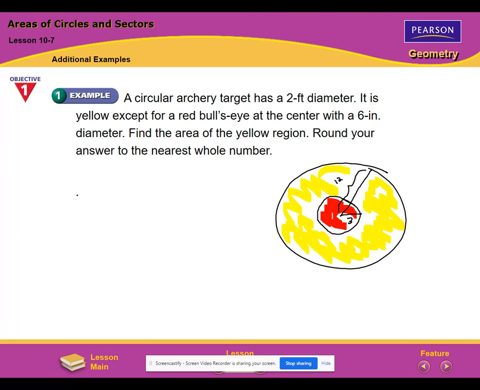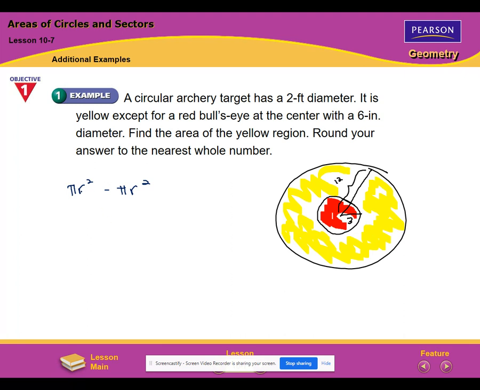I like to do this type of thing in one calculation, and I like to encourage you to do the same. Rather than make one calculation in one space for one circle, and then another in a different space, and then bring them together and subtract them, it makes more sense to me to just do pi r squared of the big circle minus pi r squared of the small circle, all in one calculation.